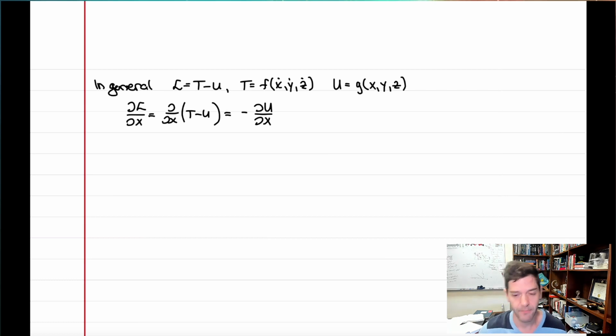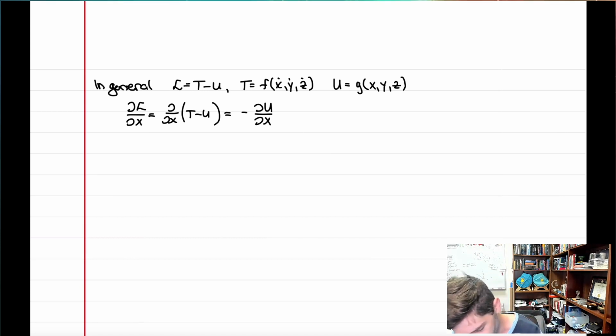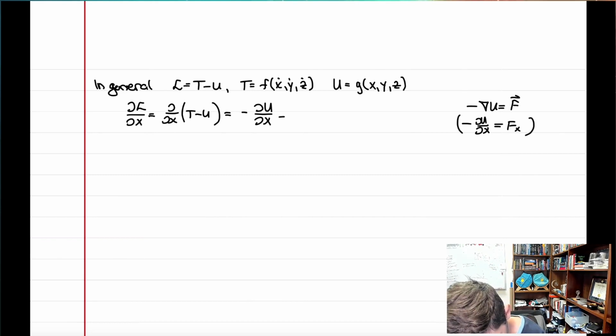Well, think about how we connected potential energies to forces. Remember, just off to the side, we said that negative the gradient of U equaled the force vector. Where, for example, negative the partial of U with respect to x equals the force in the x direction. So this is nothing other than the force in the x direction.